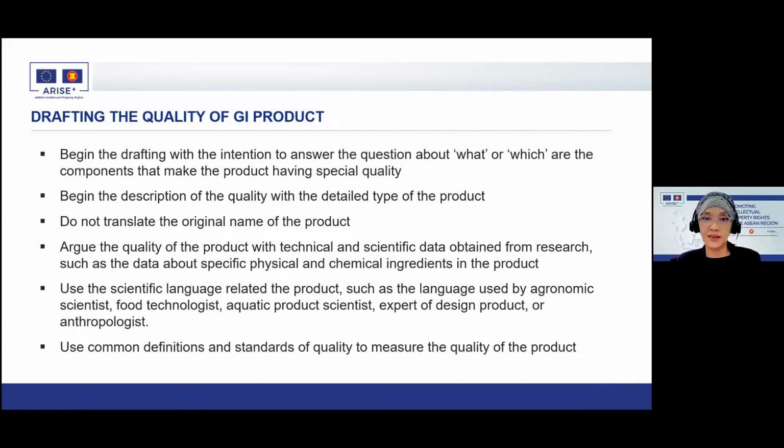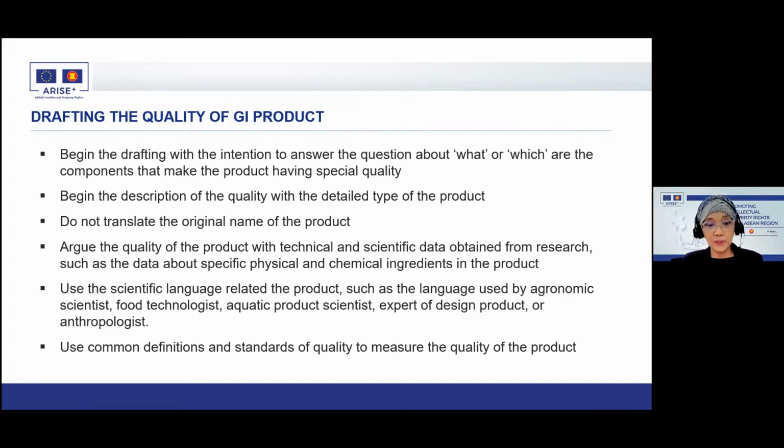As I mentioned, the traditional name can be used as the name of the product as well, and then it can make the quality of the product stronger. So do not translate the original name of the product.